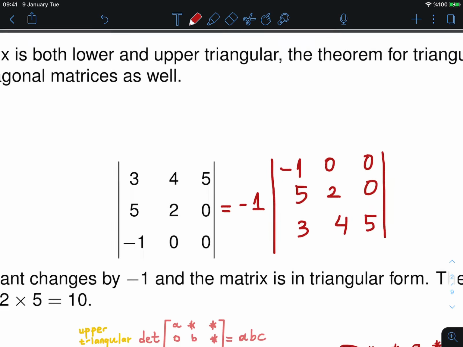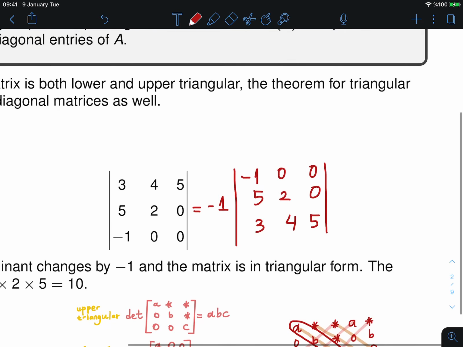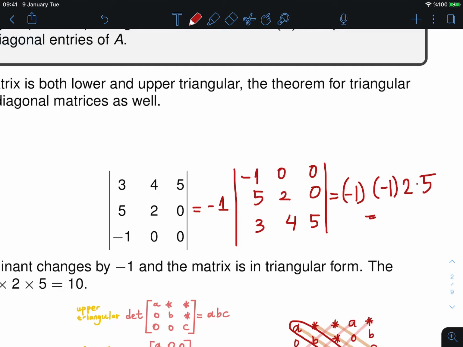Now this is a lower triangular matrix because the entries above the diagonal, these three entries, are zeros. So it's easy to compute the determinant of this matrix. There's a -1 here, another -1 coming from this term, and then we have the product of 2 and 5. So the answer is 10.